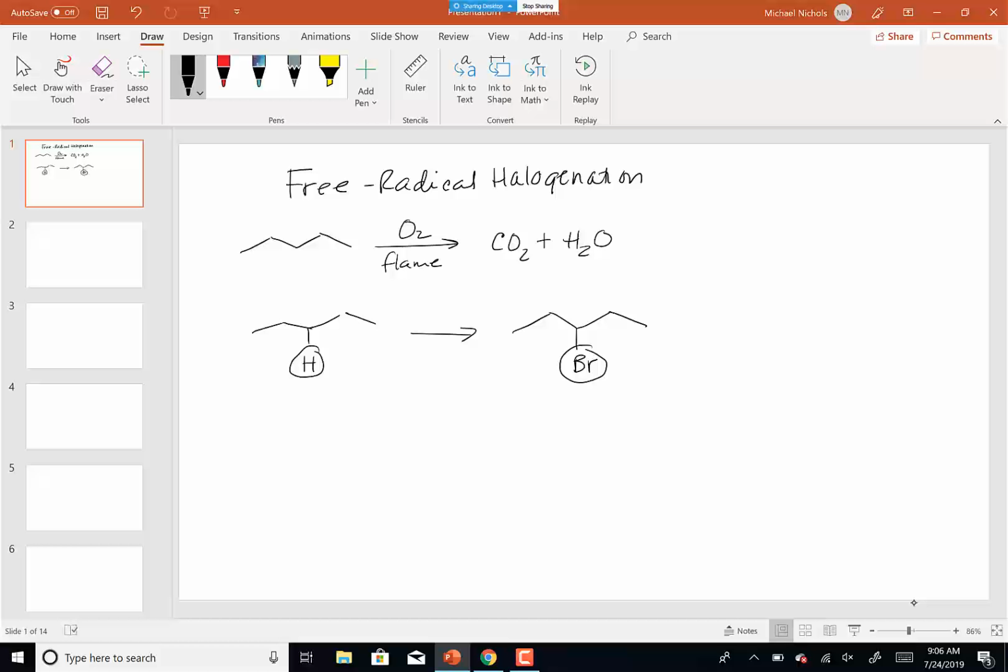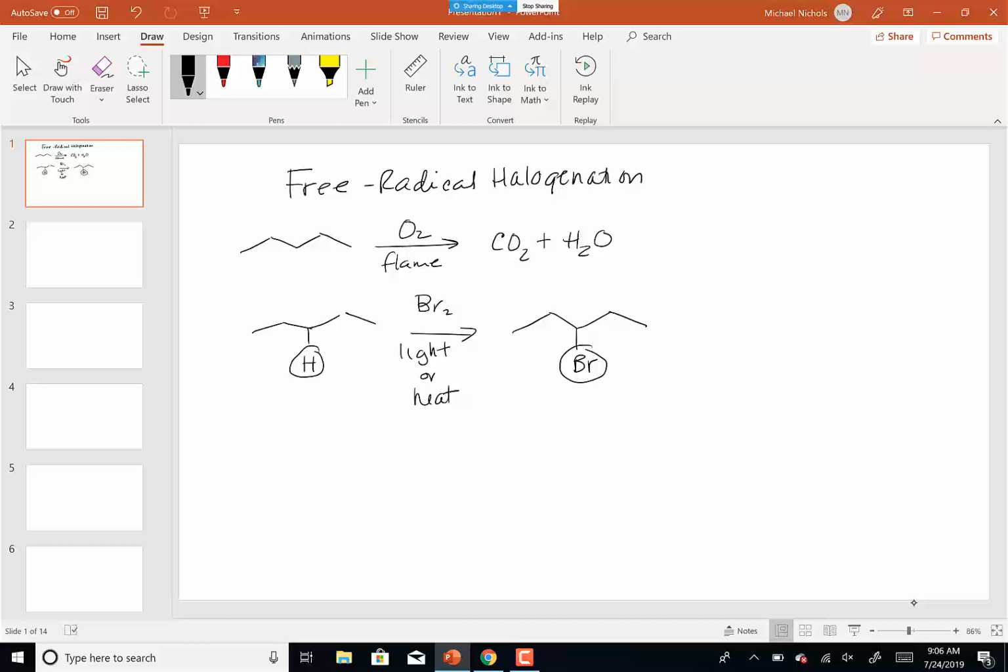So free radical halogenation is a substitution. And how am I going to do it? I'm going to react the halogen, Br2, Cl2, we're going to spend most of our time on, and we can use either light or heat as what we'll call the initiator.